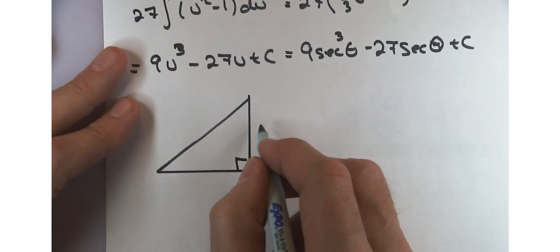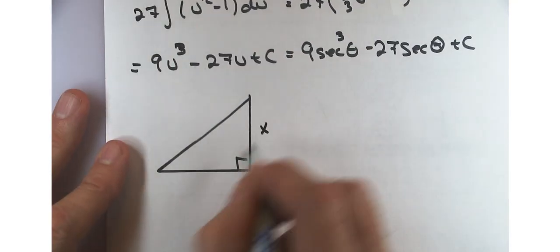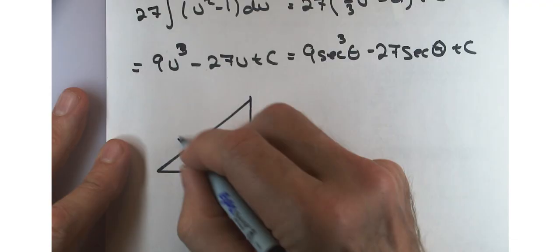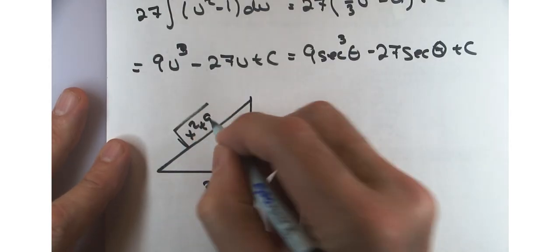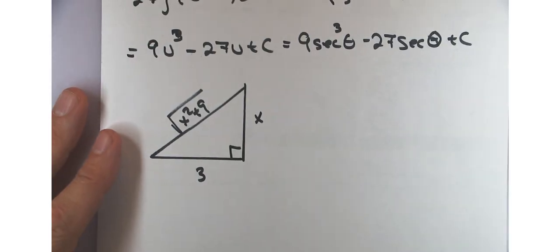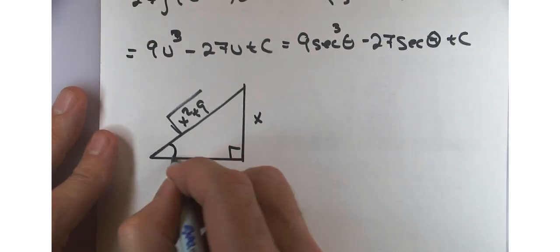We had an x, 3, and a square root of x squared plus 9. This was our theta, that's our angle.